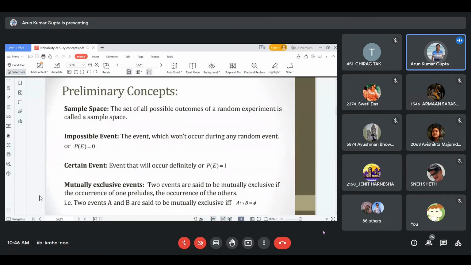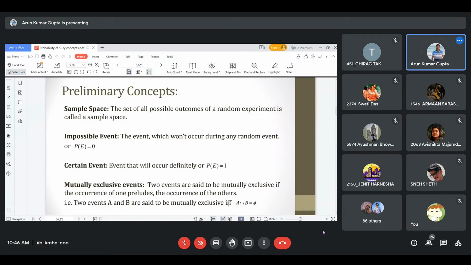Mutually exclusive events means two events where the occurrence of one precludes the occurrence of the other. Mathematically, the intersection will be phi, empty. There is no intersection between the two mutually exclusive events.